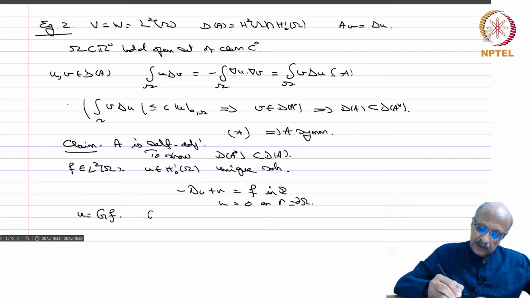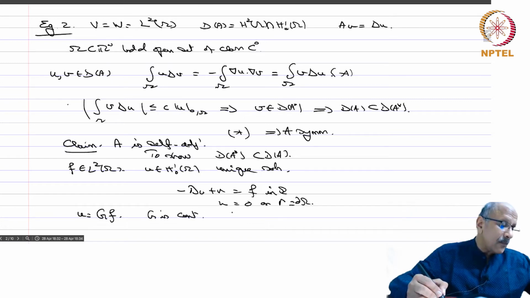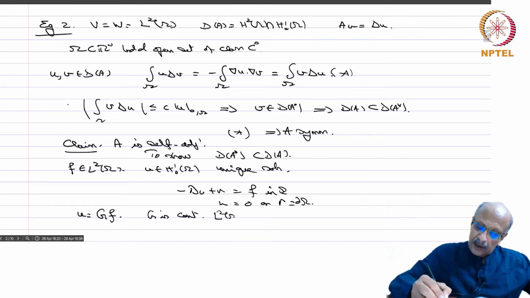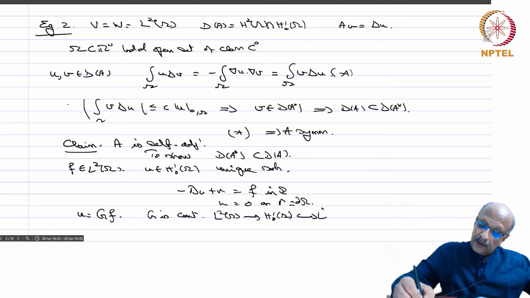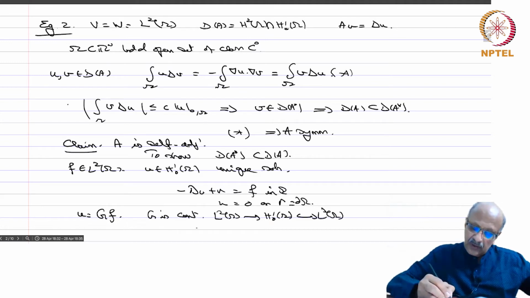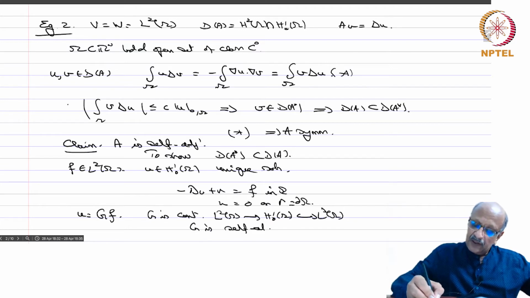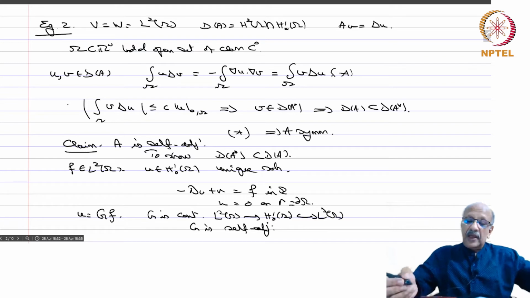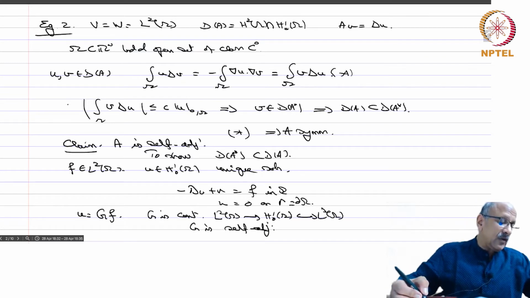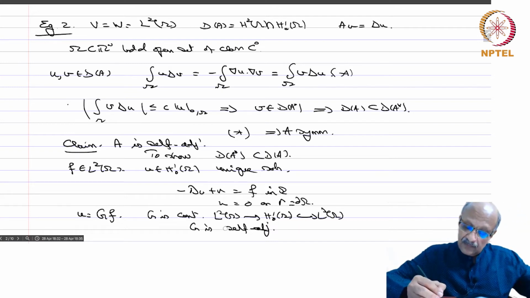Then we know that G is continuous from L2 of omega into H1_0 of omega back into L2 of omega. Okay, so it is continuous, and of course G is also self-adjoint. We have seen this in connection with the eigenvalue problem and so on. So we know that it is symmetric, and therefore G symmetric implies self-adjoint.